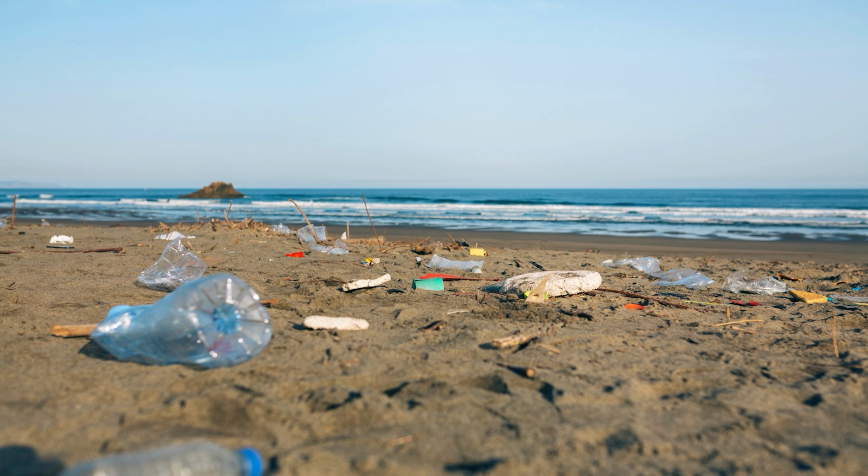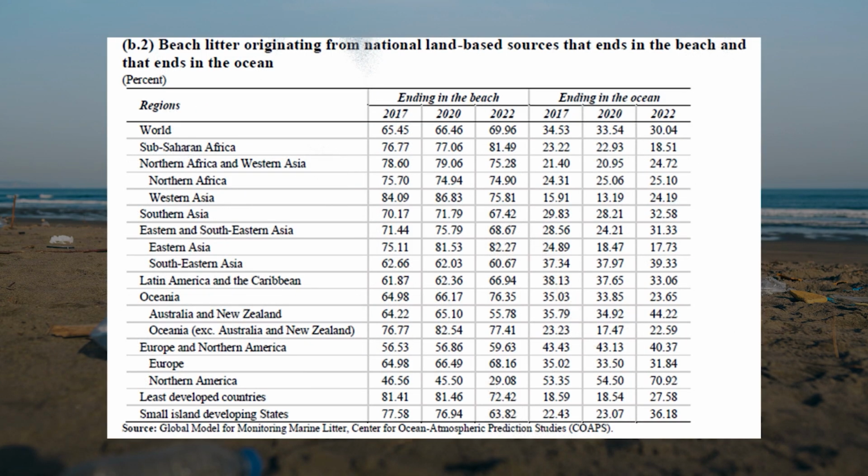Again, if you look at this plastic debris depending on its originating sources, that is national land-based sources, as we know it ends up on beaches and it ends up in the ocean. In terms of percentage, in 2017 globally it is 65.45, but it is 69.96 in 2022.